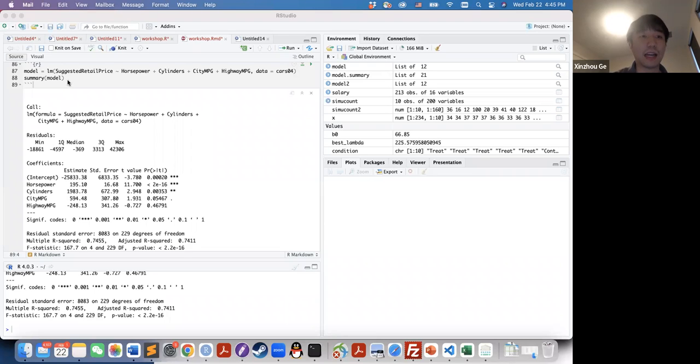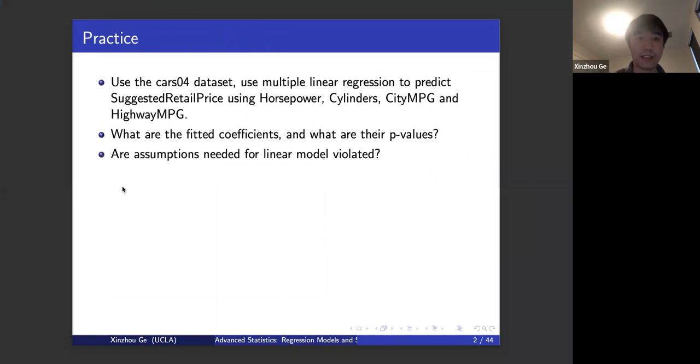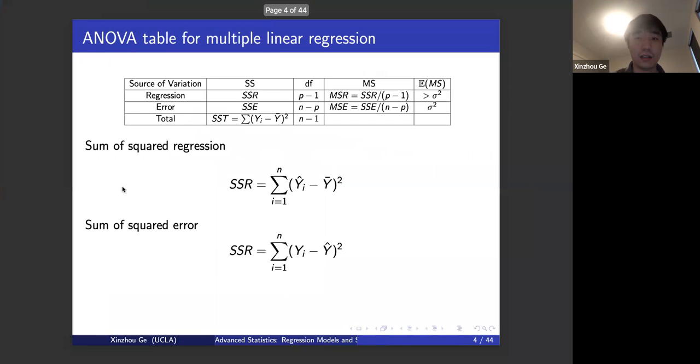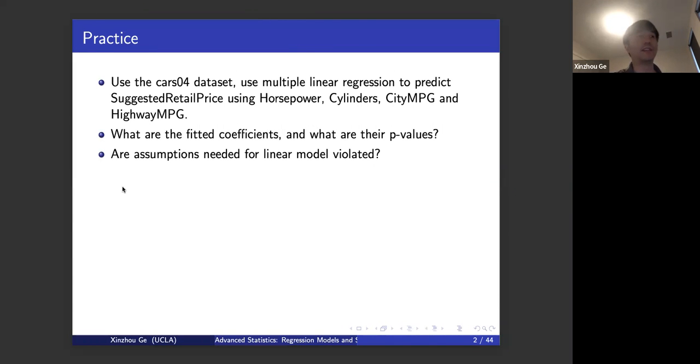And another thing is how can we check whether these model assumptions are violated? So remember that in multiple linear regression models, we assume that we can write the yi as the sum of beta j times xij, with an epsilon.